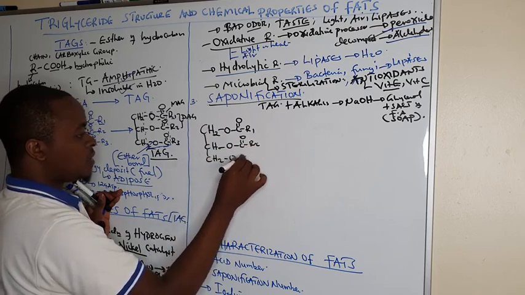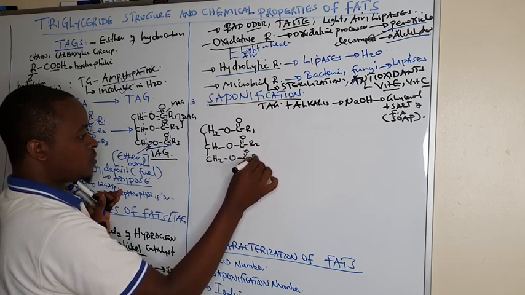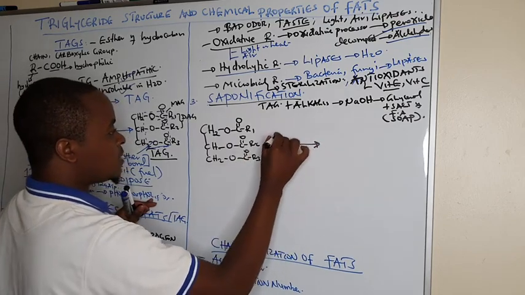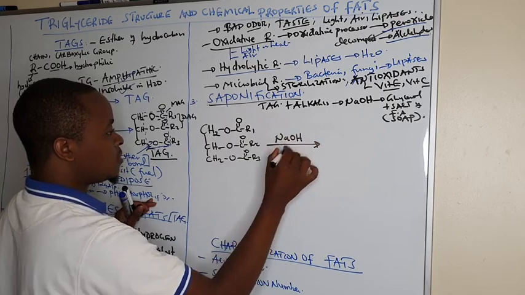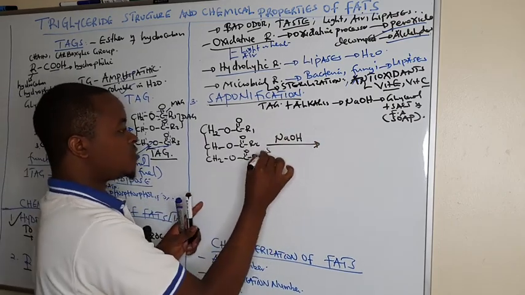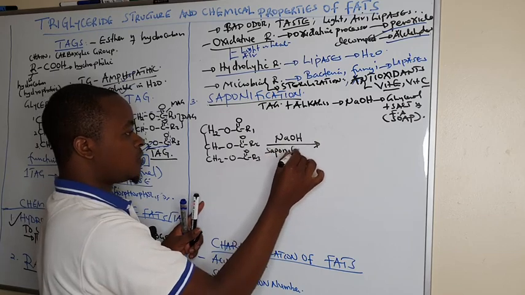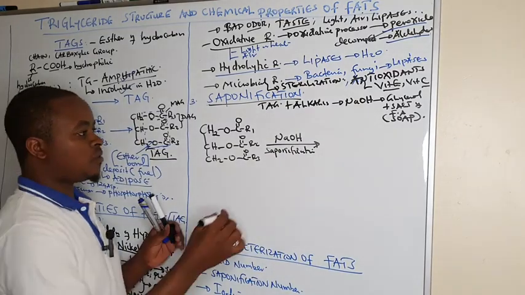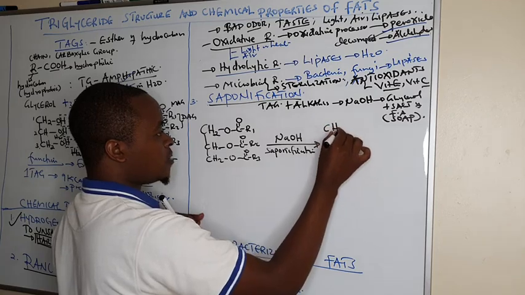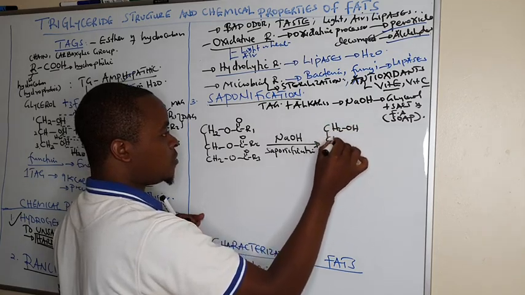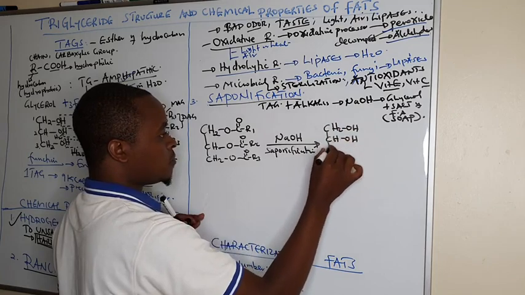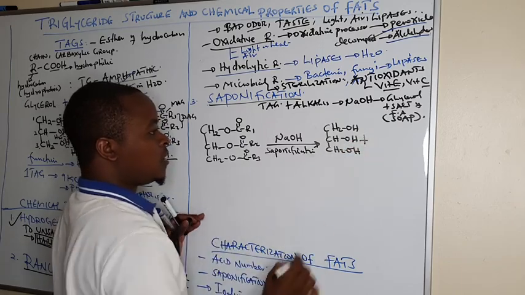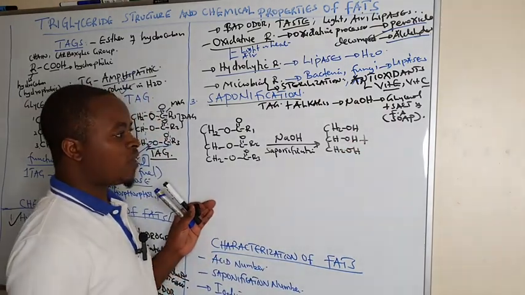When it reacts with alkalis like sodium hydroxide, it undergoes saponification, producing glycerol and a salt of fatty acid.